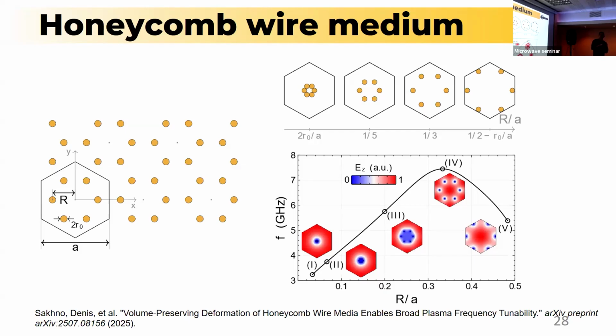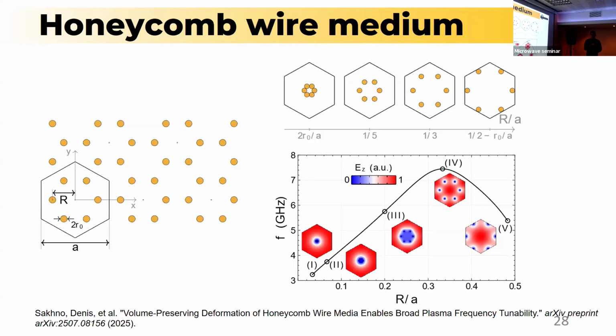In a first case, our six wires in the hexagonal unit cell are really close to each other, and in another extreme case, they are far apart from each other. So it will create a tuning of the plasma frequency of above 70%, comparing the highest case in comparison to the lowest case.